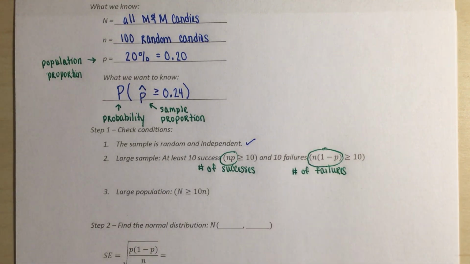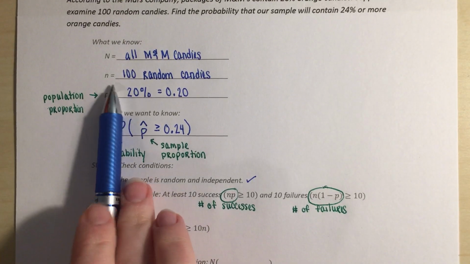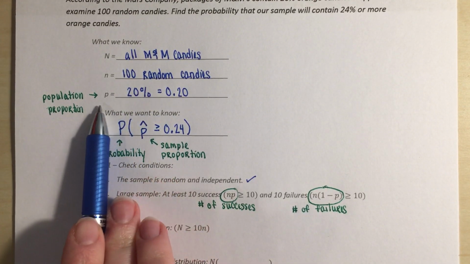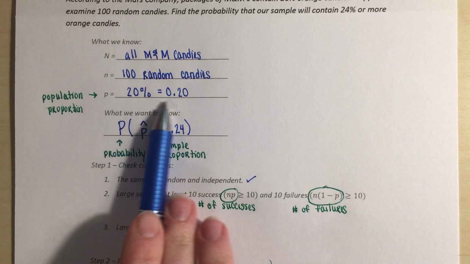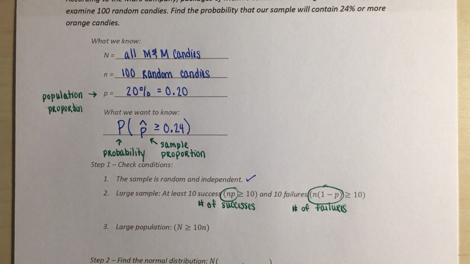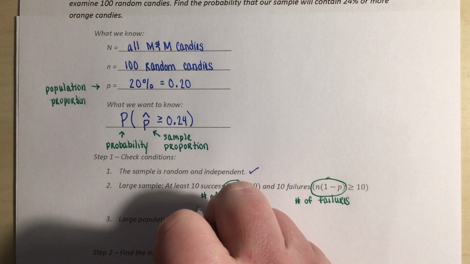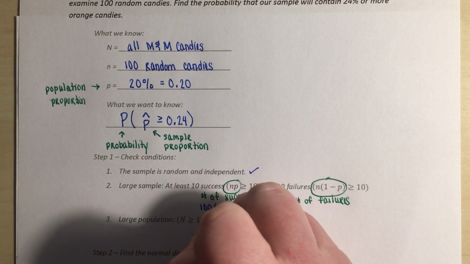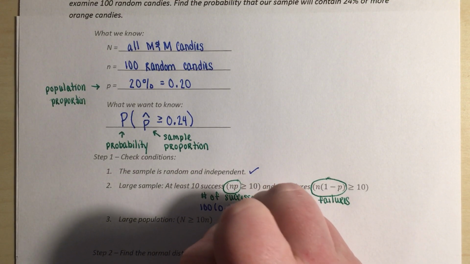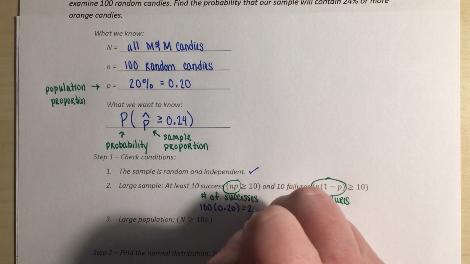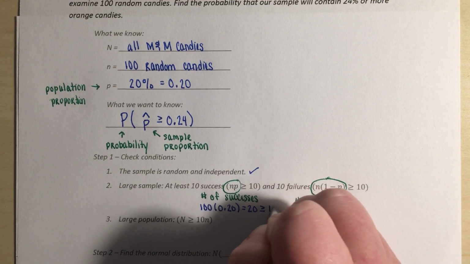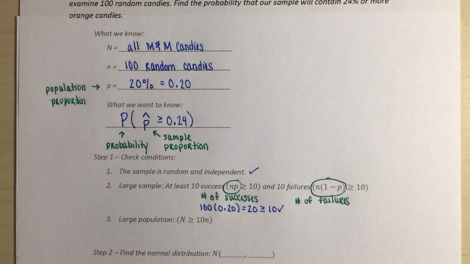So we're going to do 2 different multiplications to check this step. Going up to our list, we see our lowercase n is 100, and our plain lowercase p is 20%, so 0.20. So n times p is going to be 100 times 0.20. That gives us 20, which is greater than or equal to 10. So we have more than 10 successes.